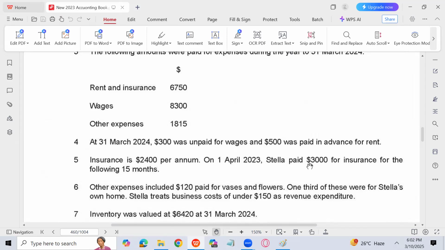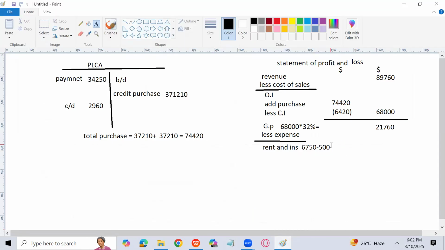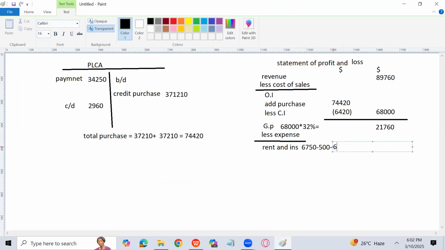So 3000 into 3 over 12, because 3 months insurance has been paid in advance. So 3000 into 3 over 12, we will get the prepaid insurance. So 6750 minus 500 minus 600, we will get 6750 minus 1100, that is 5650.